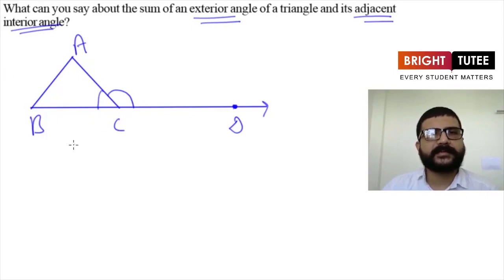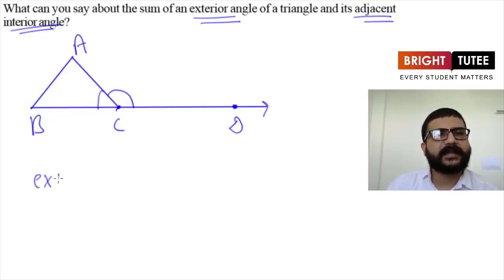Now what about their sum? First tell me what kind of angles they are. See here, they have a common vertex and a common arm, and their uncommon arms are opposite rays, as we can see here. They are forming a straight line. So their sum will be equal to 180, as they are forming a linear pair.